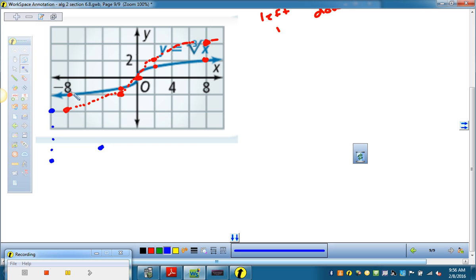It will be on our screen. Left 1 and down 2 would be here. Left 1 and down 2 would be there. Left 1 and down 2 would be here. And left 1 and down 2 would be there. So there's our new function. Okay?